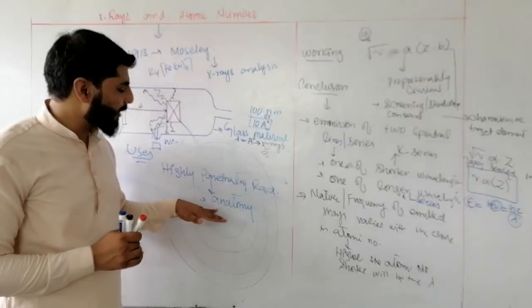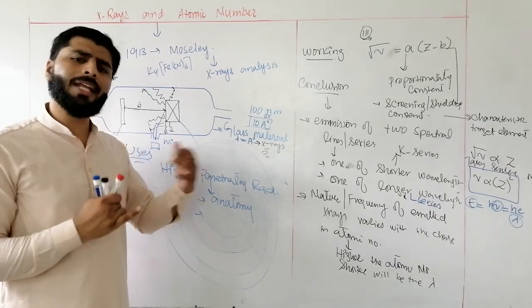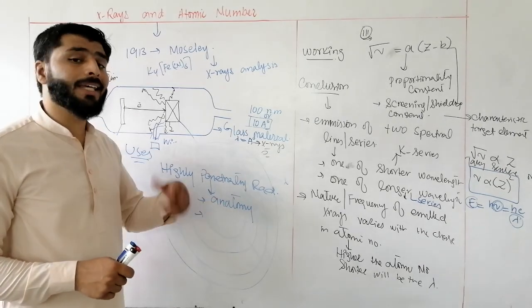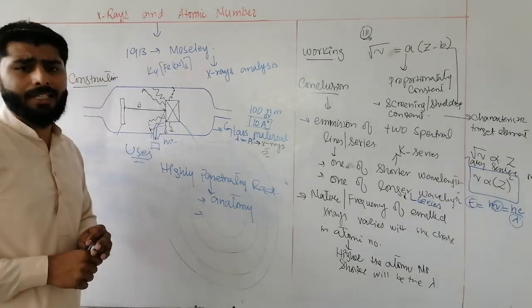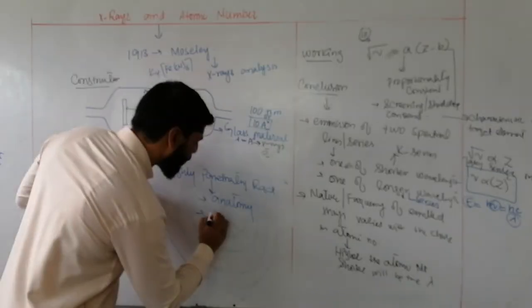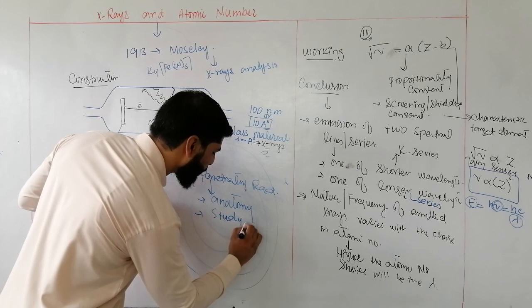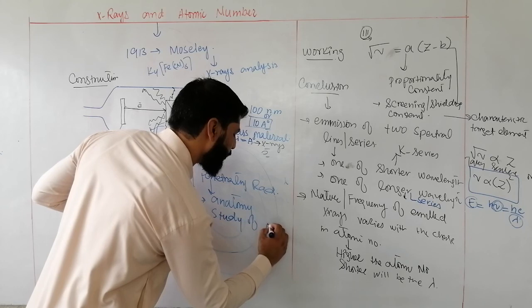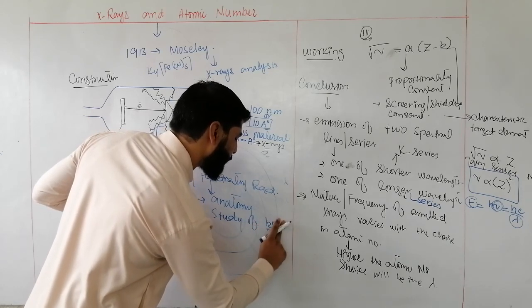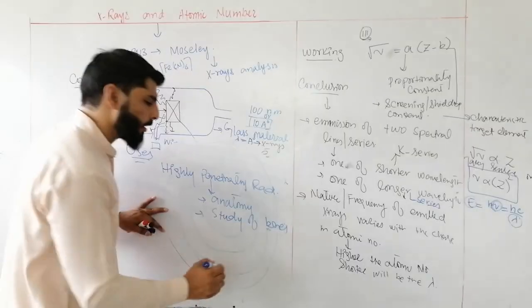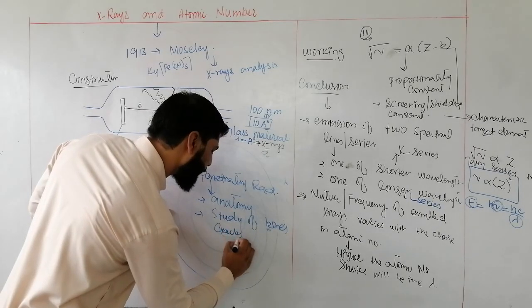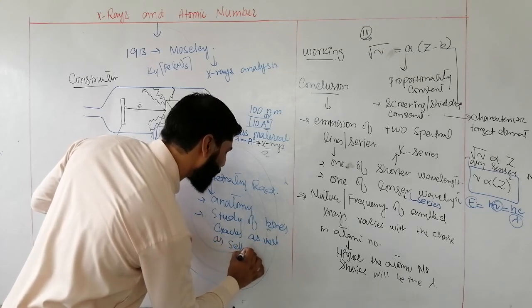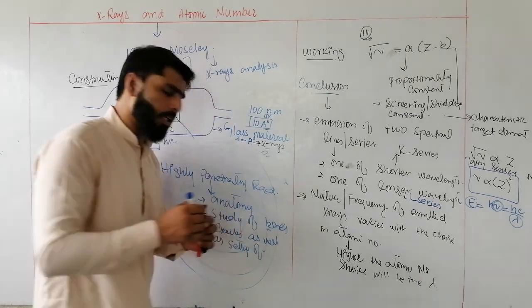When there is a crack in the bones or in any machine, the cracks can be found by using X-ray analysis. So, X-rays can be used for the study of bones, cracks, as well as setting or healing of bones.